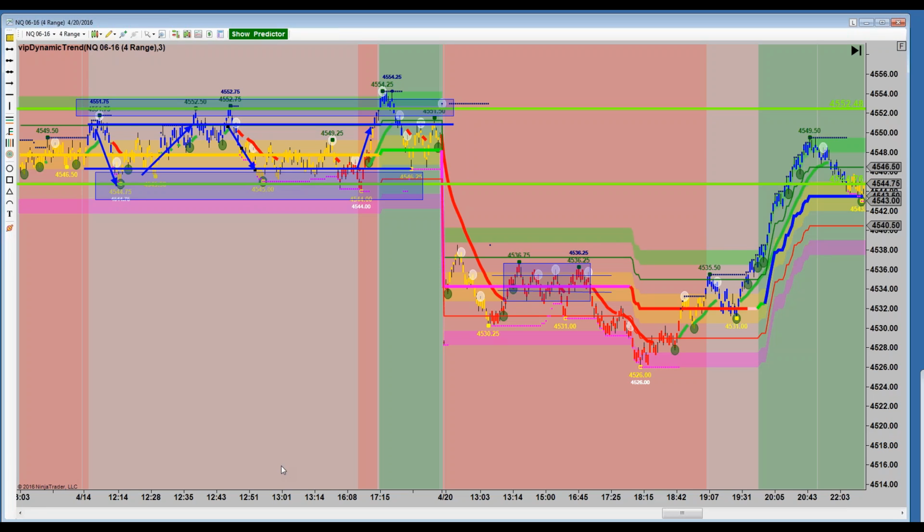That makes sense? All right, so the other factors before we move on from range trading is that there's a couple other things to factor in. How clean and clear the support and resistance levels are. I'm going to show some other ones that aren't so clean and clear.